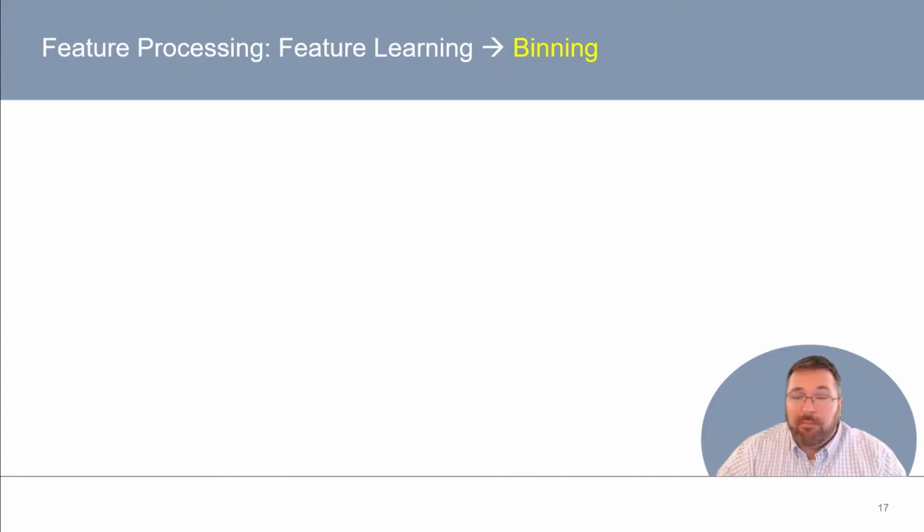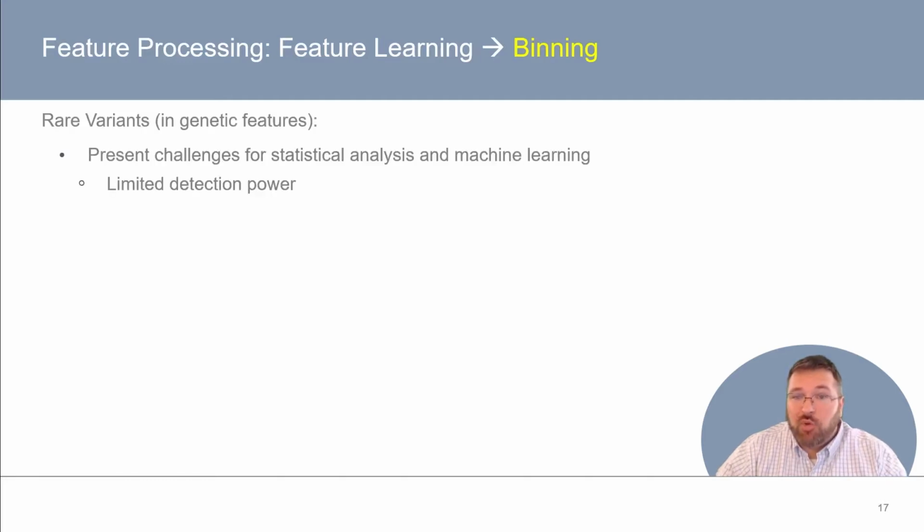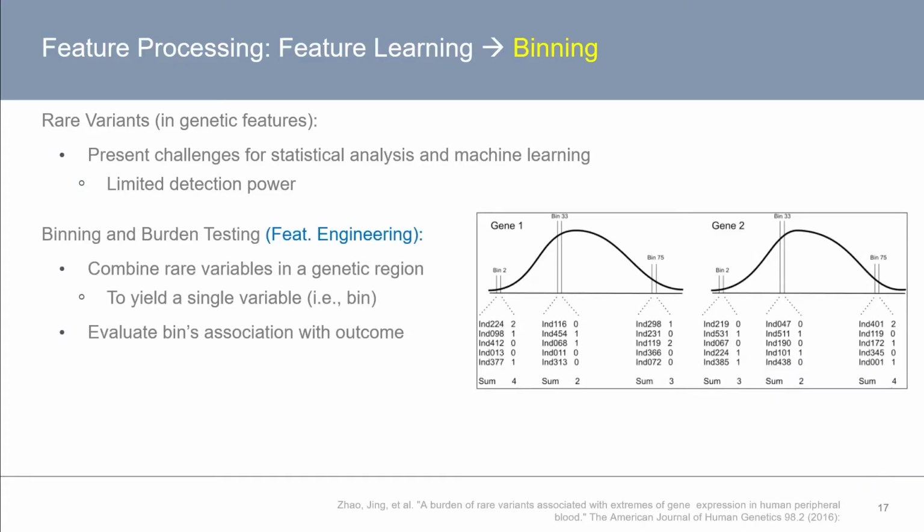Let's briefly look a bit more at binning as a form of feature learning. In the context of genomic analyses, many genetic features can have rare feature states. This presents challenges for statistical analysis and machine learning, as this rarity limits the power of these methods to detect true associations. Binning has often been used in such problems to try and improve power to detect the impact of rare variants by combining rare features within a genetic region to yield a single variable, also known as a bin.